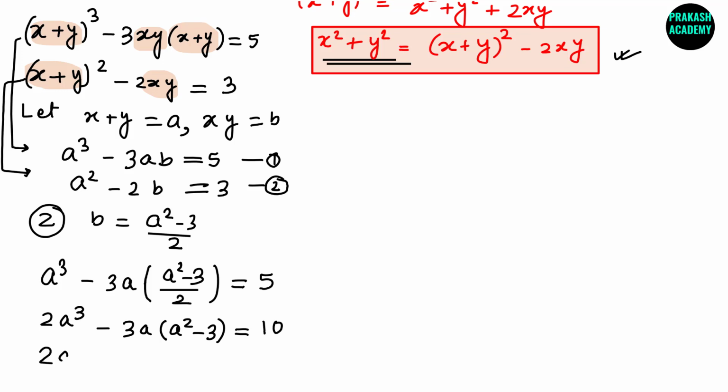So this becomes 2a cube minus 9a cube plus 9a is equal to 10. So let me write here, this is 2a cube.